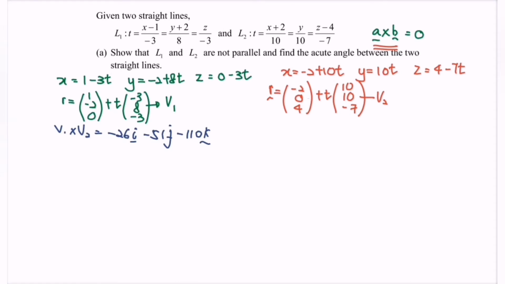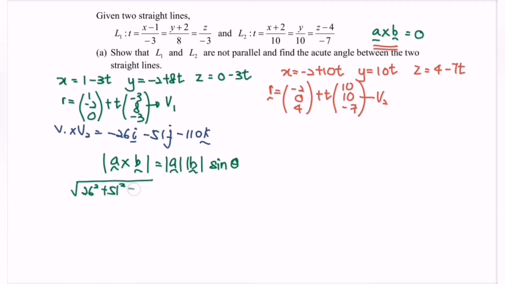Next, the question says find the acute angle between the two lines. My suggestion is to make use of the formula A cross B equals magnitude A, magnitude B, sine theta. So kindly substitute. Here we have V1 cross V2, so the magnitude will be the square root of 26 squared plus 51 squared plus 110 squared, equals magnitude of V1, which is 9 plus 64 plus 9, multiplied by the magnitude of V2, 100 plus 100 plus 49, times sine theta.